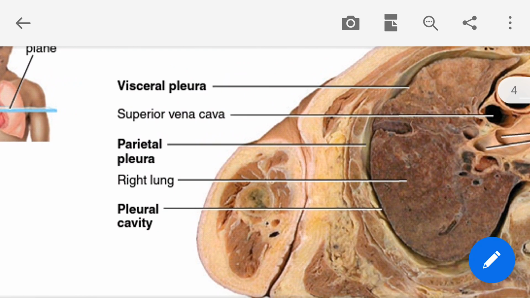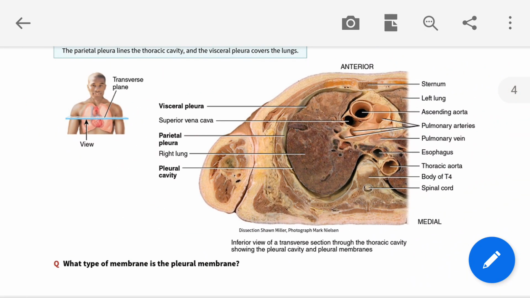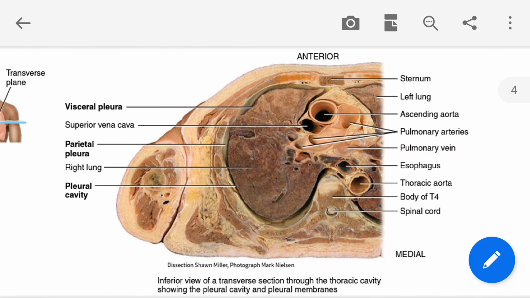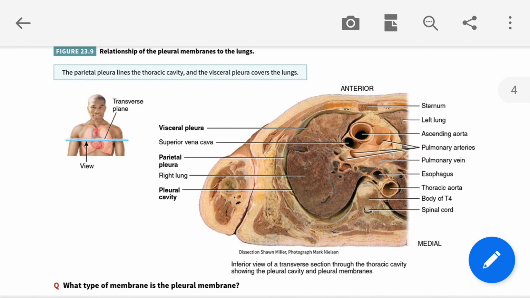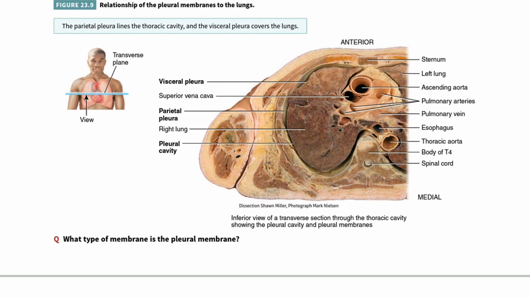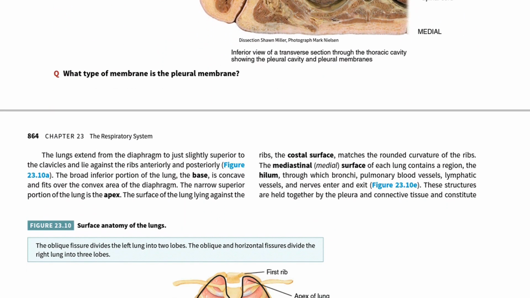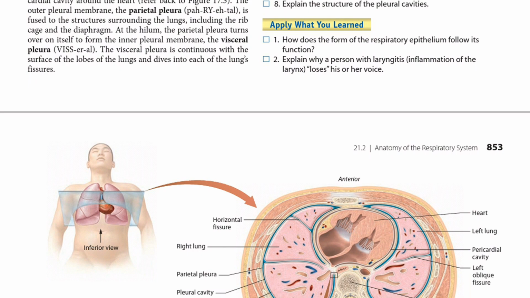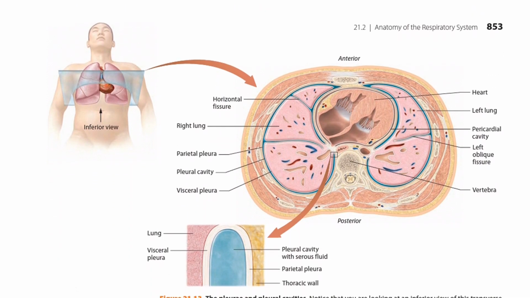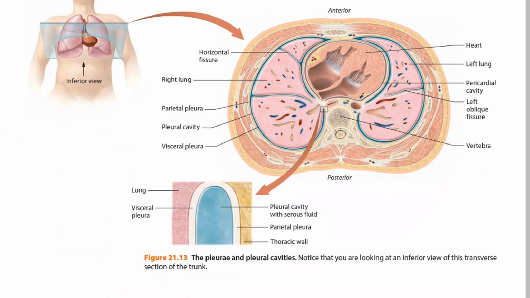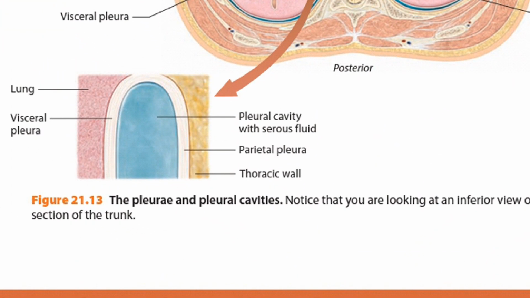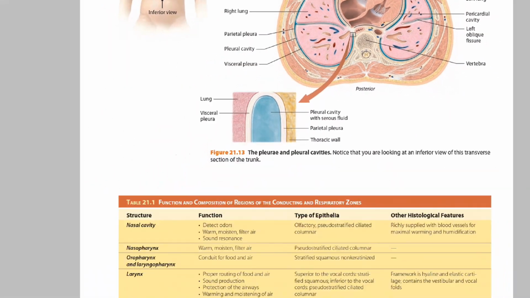So where is the parietal pleura, pleural cavity, right lung, visceral pleura, and here on the right hand side. Now in this figure, this is also a cross section. Okay, the pleura and the pleural cavities.